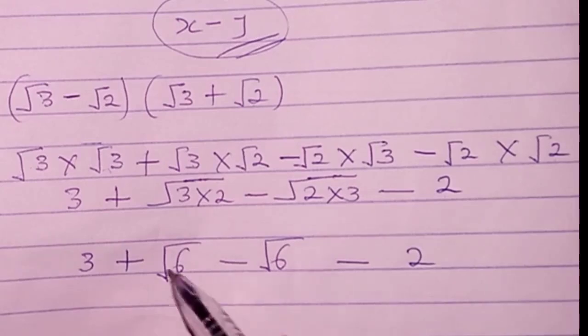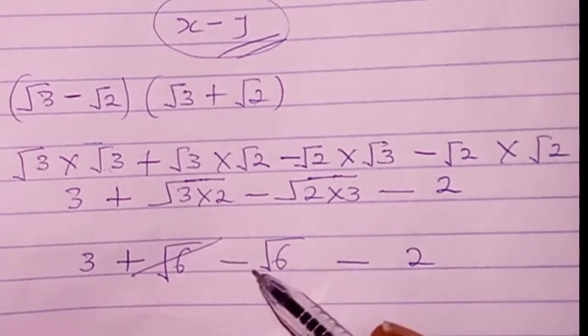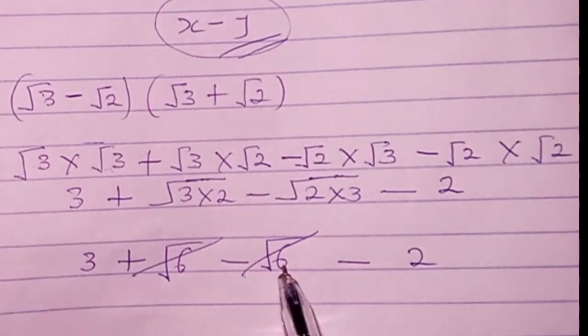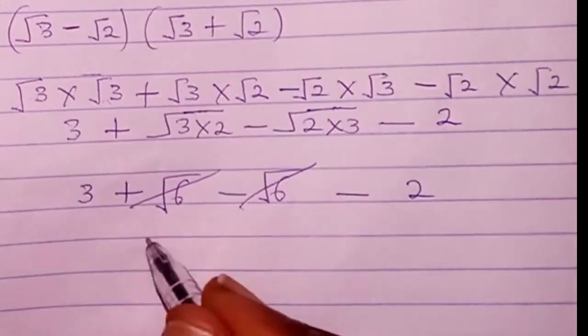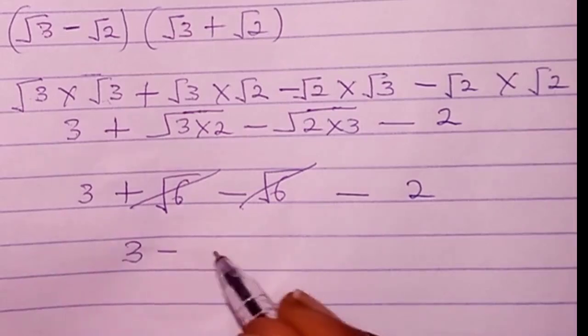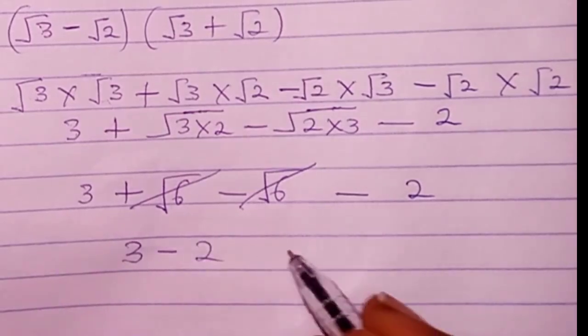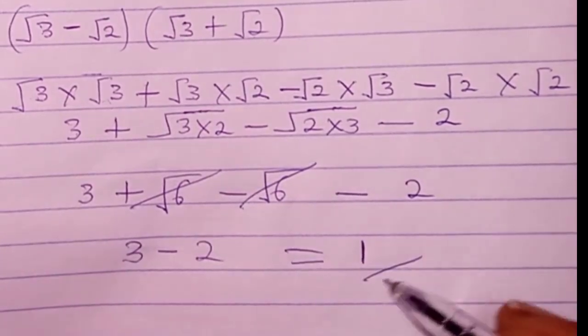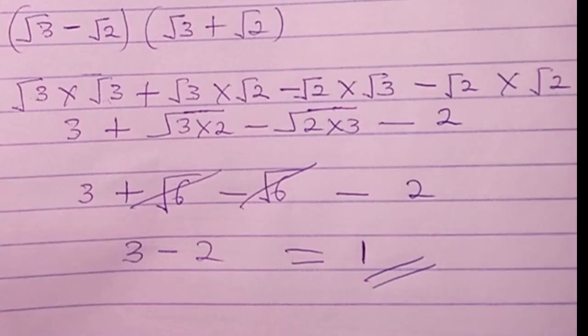Take note that root 6 minus root 6 is going to cancel out. It's going to give us 0. So we are left with 3 minus 2. Of course, 3 minus 2 is 1, and 1 is a rational number.